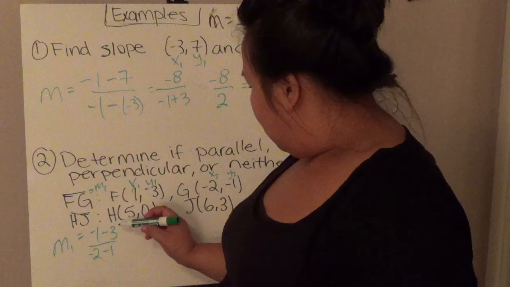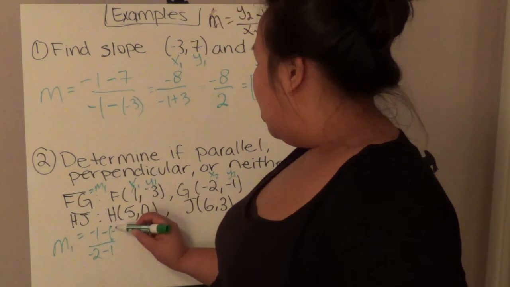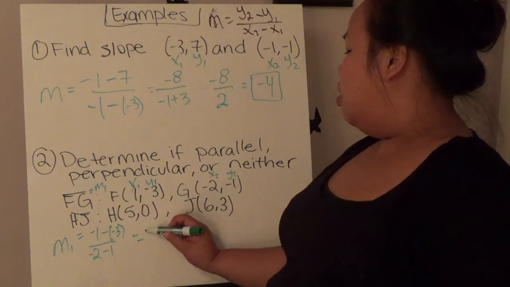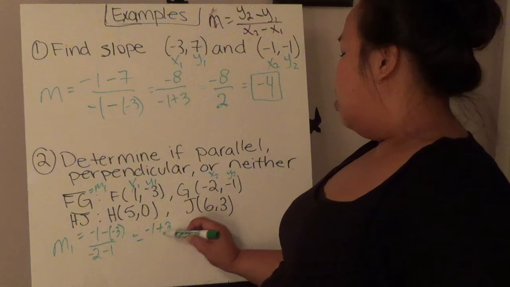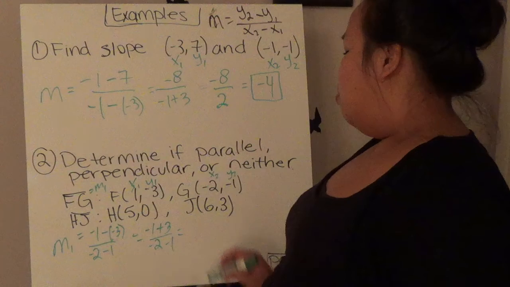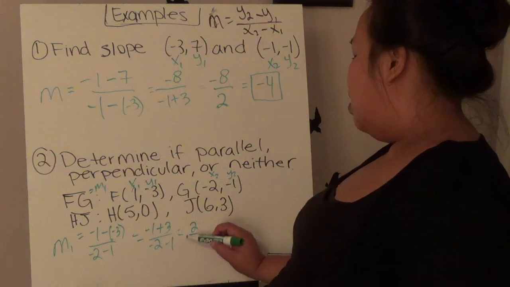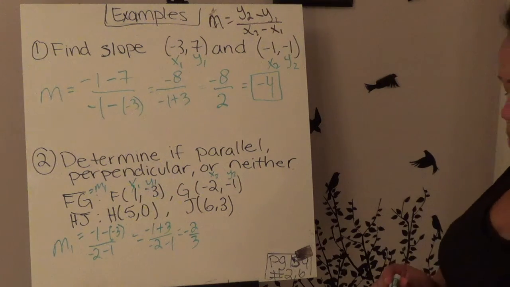Is this a negative? Yes. So it's going to be minus a -3. Okay? So -1 plus 3 over -2 minus 1, which would give me 2 over -3. So -2/3. That's my m1.